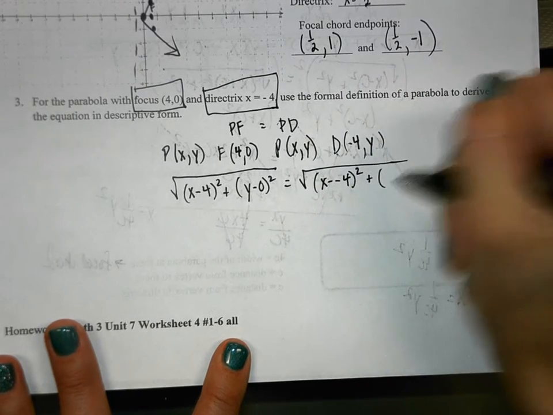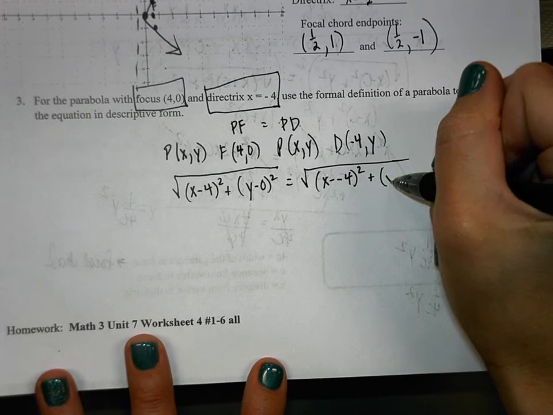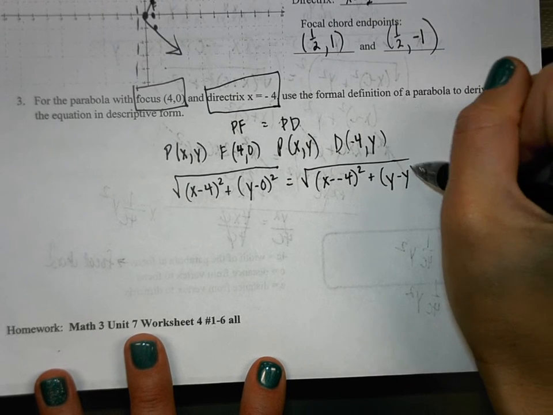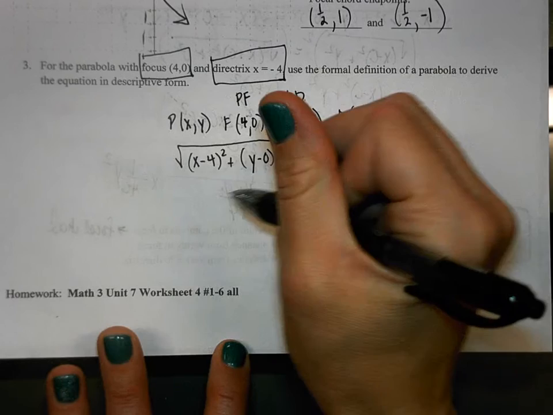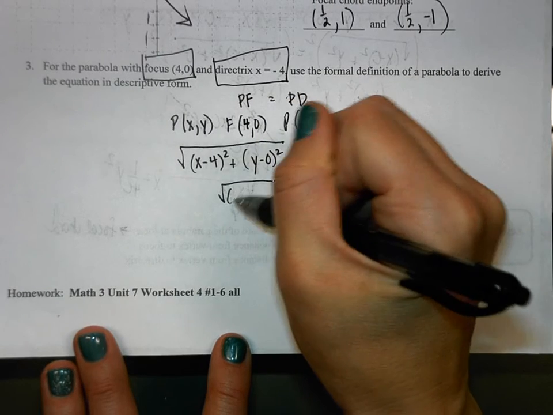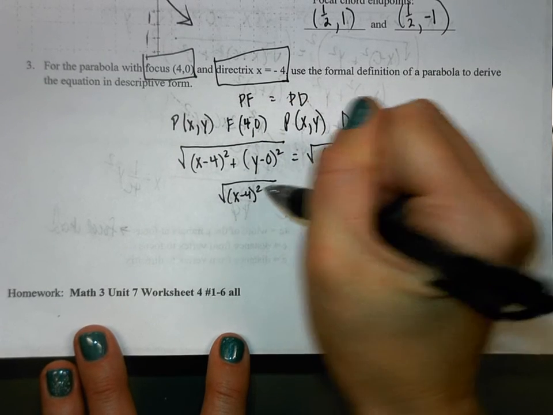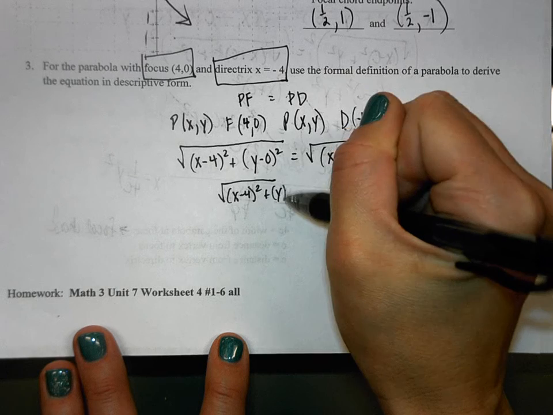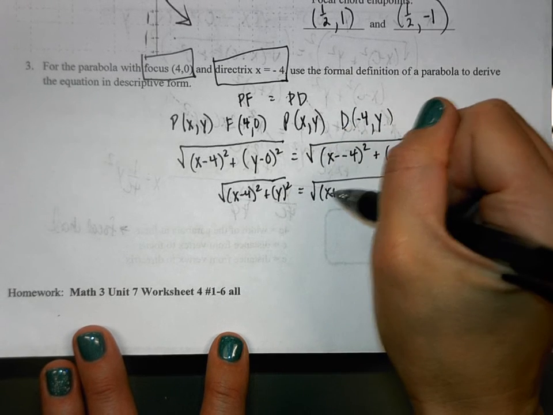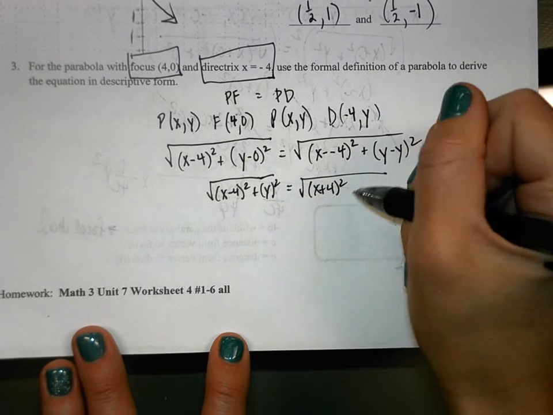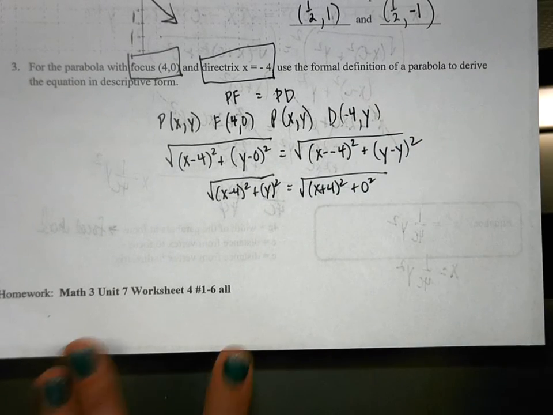Plus, and then y minus y squared. So when we go through and simplify, we have the square root, and it's x minus 4 squared plus y squared on the left. And on the right, we have x plus 4 squared plus 0 squared, because y minus y is 0.